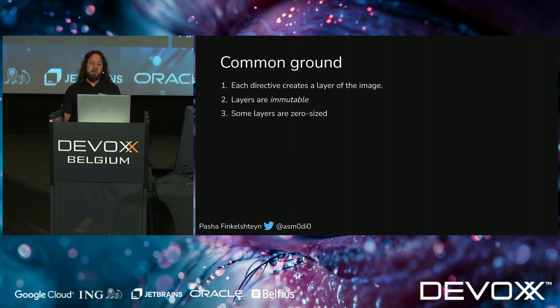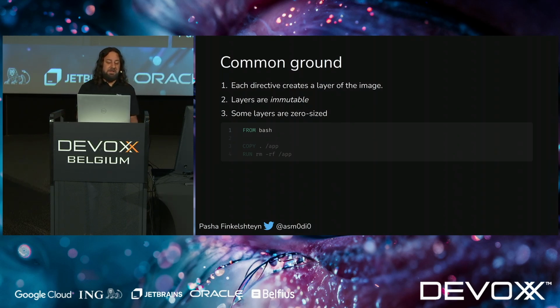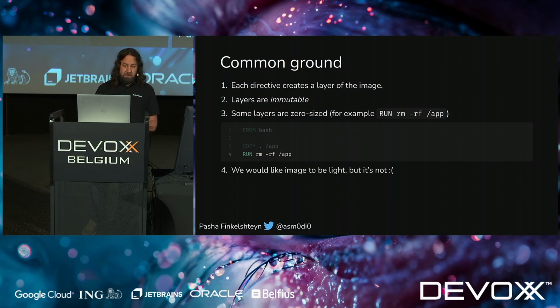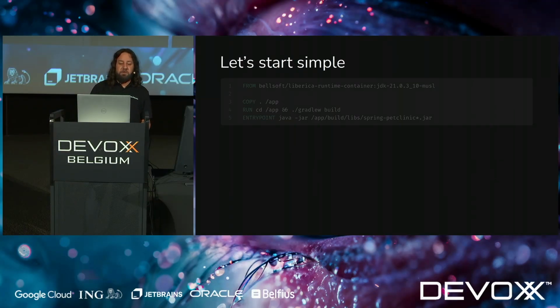It means that if we add something on one layer, we cannot remove it on the second layer. And some layers can be zero-sized. Here's a simple example: we create a Dockerfile, copy our application to our image, then delete the whole application. The last layer is zero-sized, but the size of our image is still the size of bash plus the size of our application.